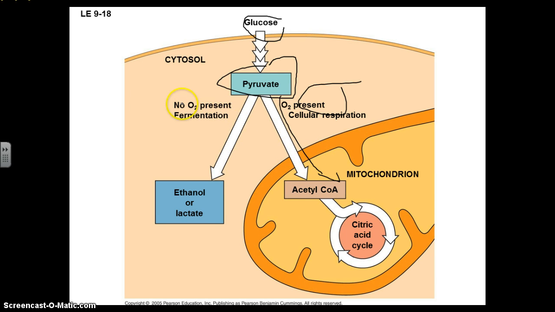If there's no O2 present, it's going to do fermentation, which is where we regenerate NAD+ by producing either ethanol or lactic acid, depending upon which type of fermentation the organism is doing. So it's sort of like a fork in the road: one direction to go if there's oxygen, and another direction to go if there's no oxygen.